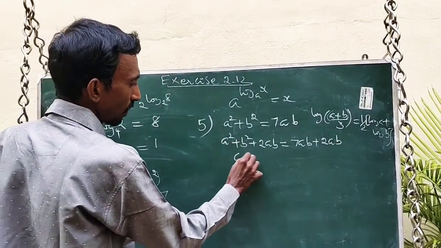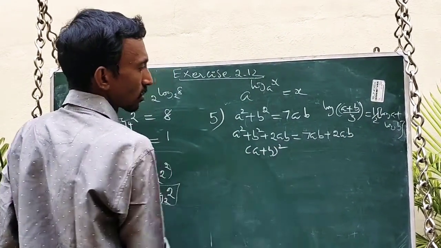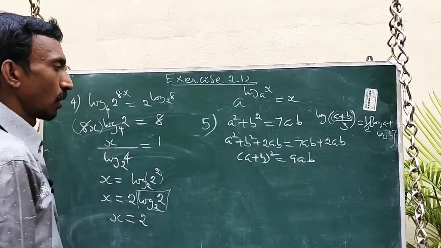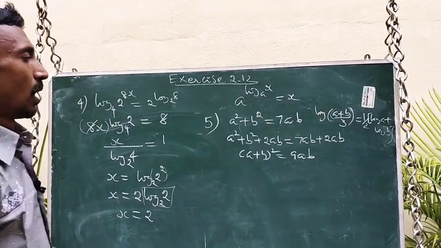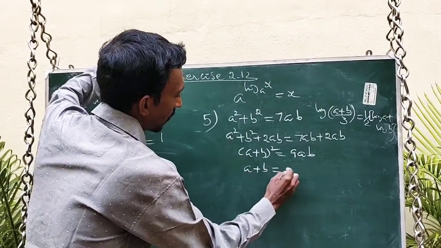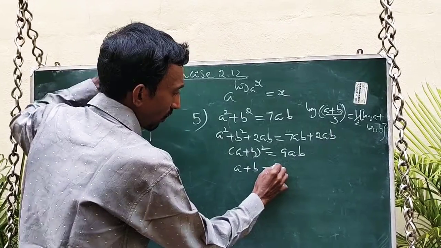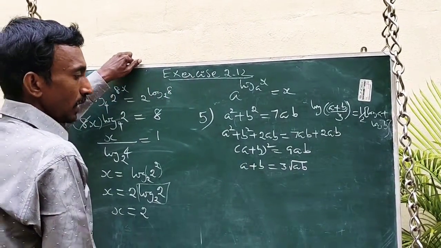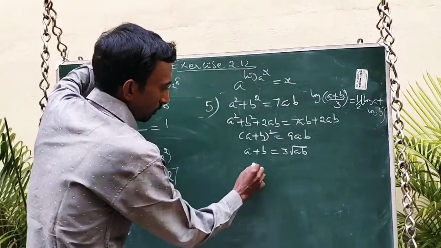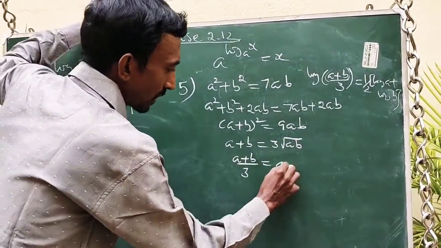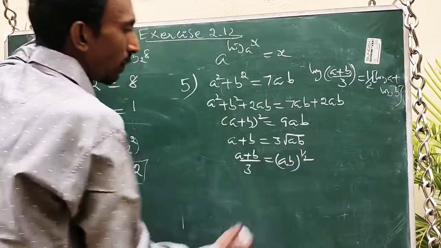So it is of the form (a plus b) the whole square equal to 9ab. Taking the positive square root, we are getting a plus b equal to square root of 9, which is 3, into root ab. So (a plus b) by 3 equal to (ab) the whole power 1 by 2.